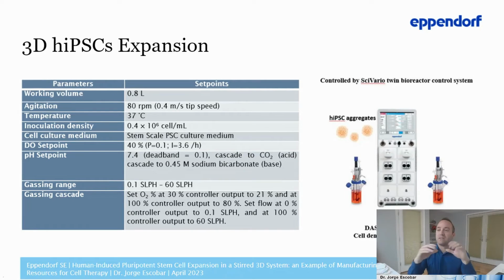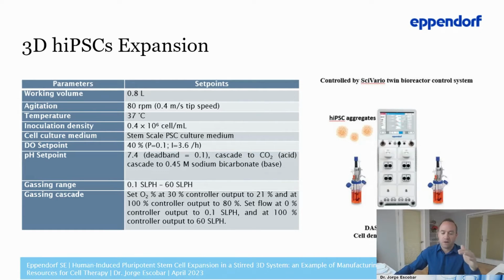Once the bioreactors were settled and put in the heating block, we finally added 600 milliliters of medium, supplemented with 0.1% Pluronic and 10 micromolar Y27632 reagent, and conditioned for at least 24 hours using the parameters and set points listed here in this table.